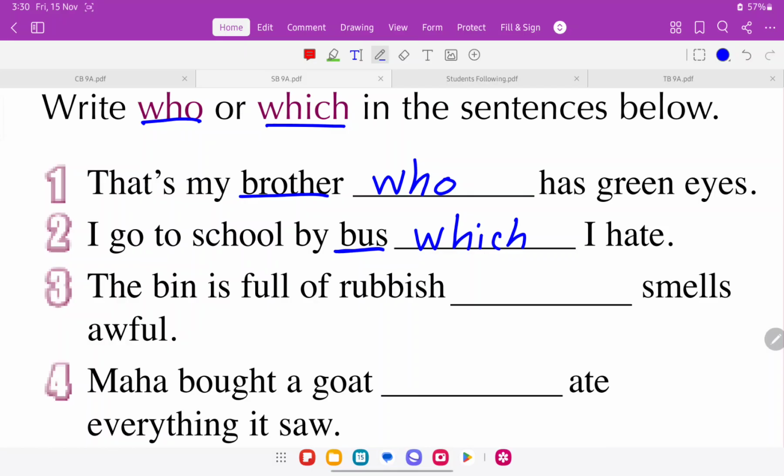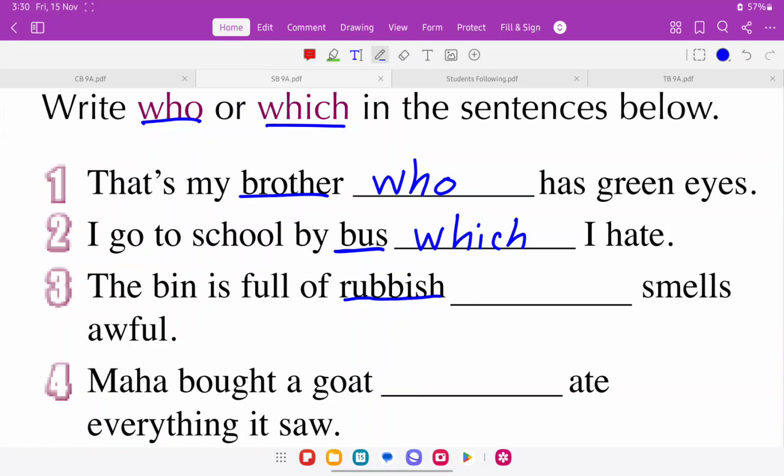I hate which. Let's go to 3 now. The bin is full of rubbish, smells awful. So we are talking about the rubbish here. Rubbish is a noun that we need to add information about. Now rubbish, أوساخ, is it people?